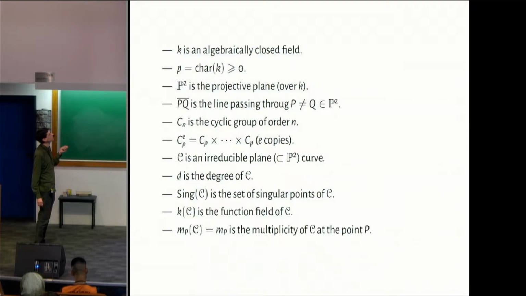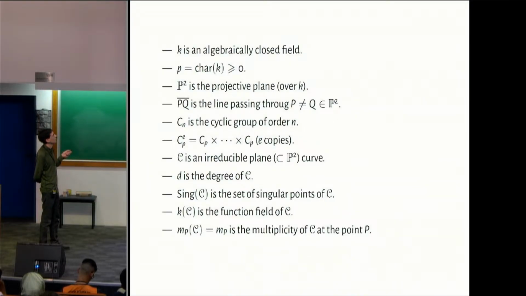This here will be the direct product of e copies of the group Cp. p here is the same as the characteristic of the field. And C here will be an irreducible plane curve of degree d.